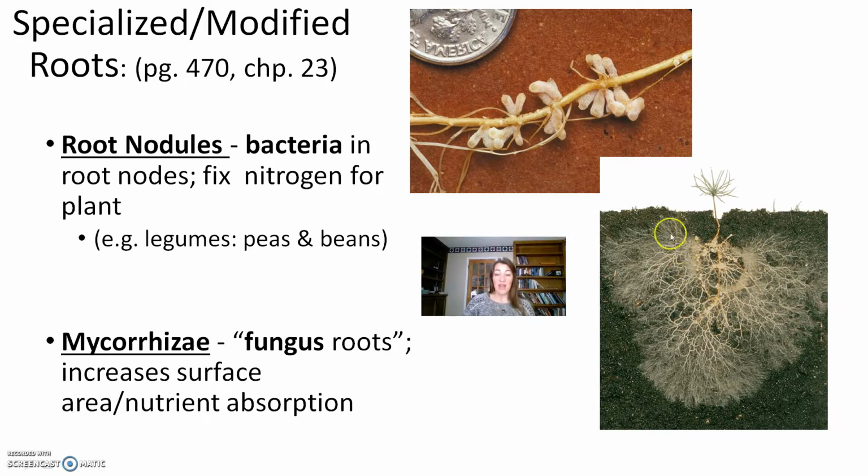But because they have the mycorrhizae, you can see how much further the plant is able to extend its little reaches and able to absorb more nutrients. And there's a lot of plants out there in the world that won't even germinate if they don't have this special fungus associated with them in the soil. So having the mycorrhizae is very, very important for increased surface area absorption.